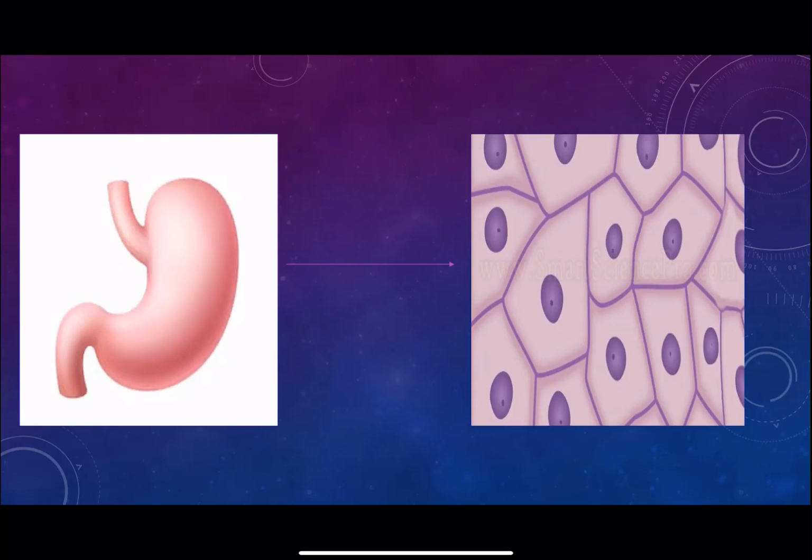We will find that this organ contains a group of tissues. You can see this tissue inside you in this picture. If I take one tissue like that, I can call it a cell.